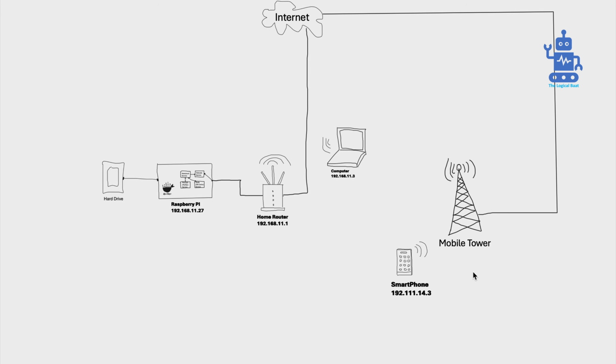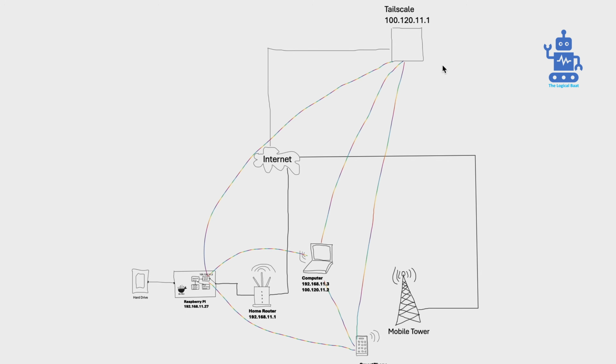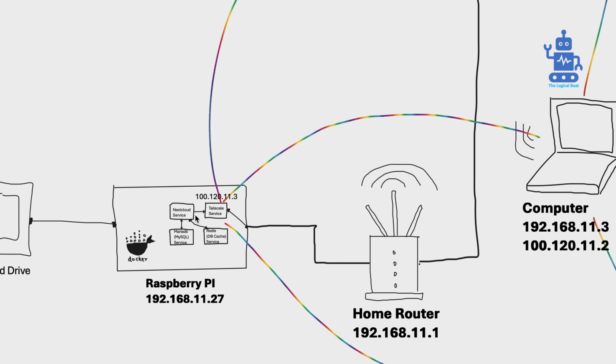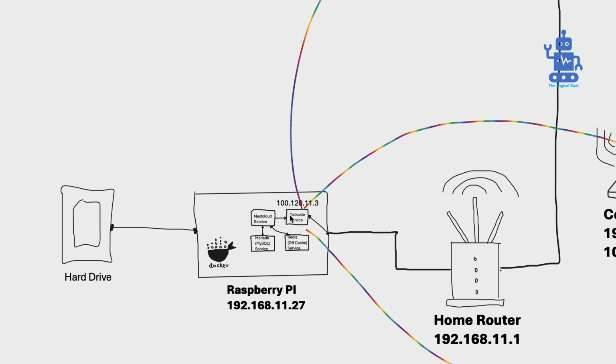So here Tailscale comes into the picture. When I create the account on Tailscale, a new tailnet is created for me. It gets its private IP address, 100.120.11.1 for example. And when the Tailscale Docker container goes up, using the same authentication key that I have provided here in this Docker Compose configuration for the same account, it also gets connected to the same tailnet.